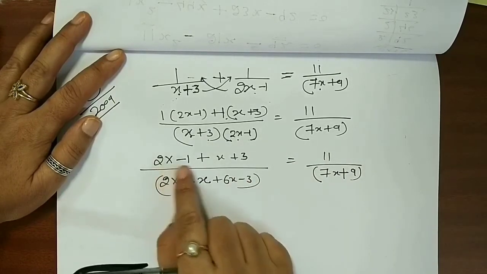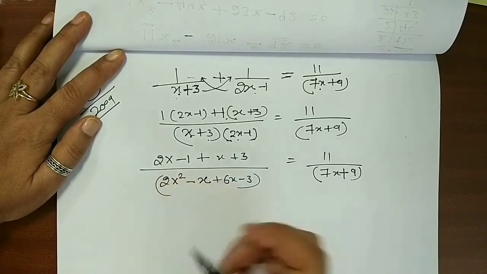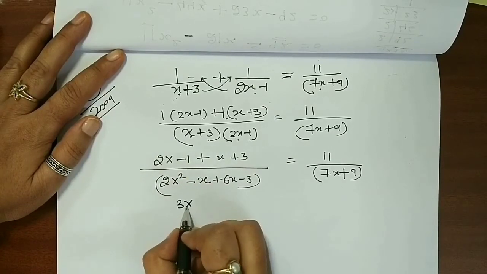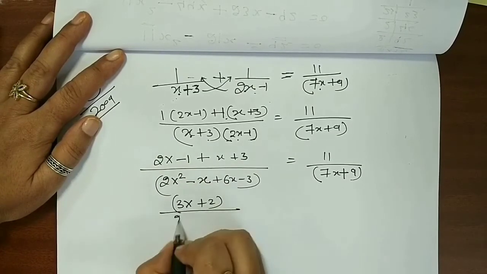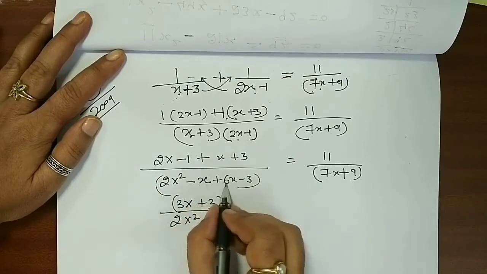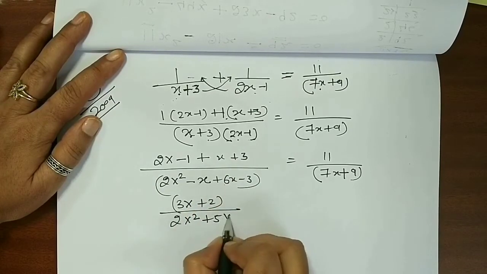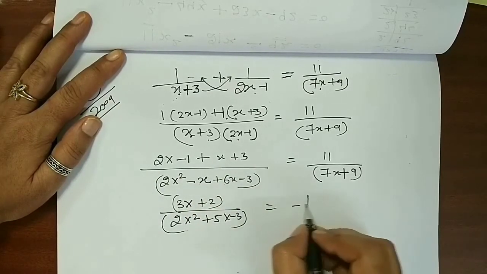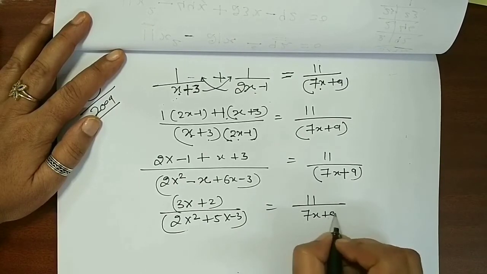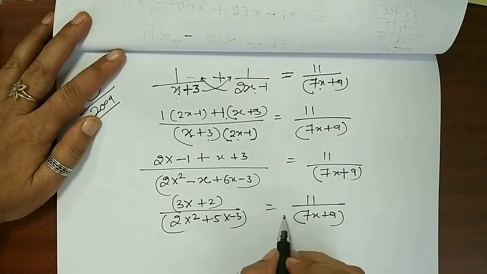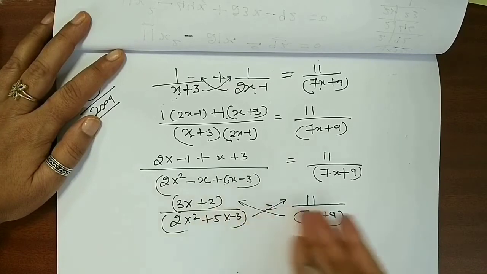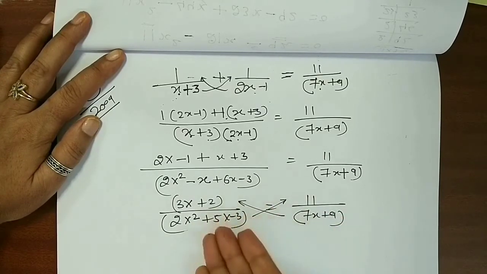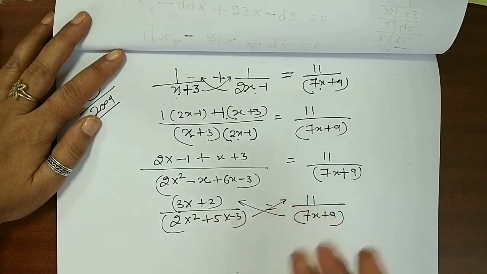Okay, what is 2x plus x? Is 3x plus 2 by 2x square. What is this and this? Plus 5x minus 3, 11 by 7x plus 9. Can I multiply with this? Because nothing is going to cancel. So I have to eventually multiply this with this and this with this.